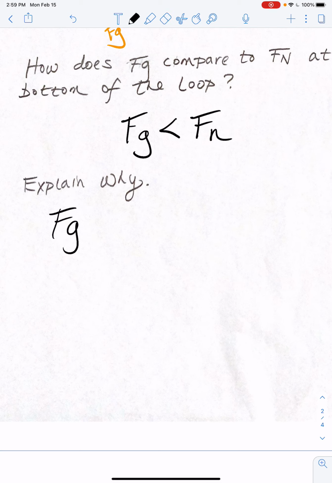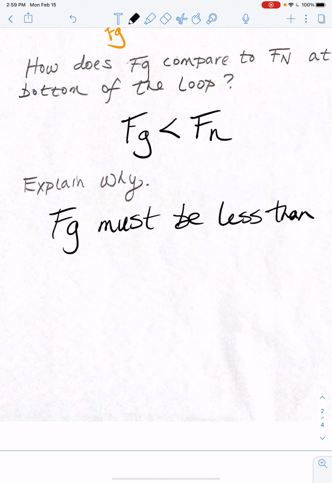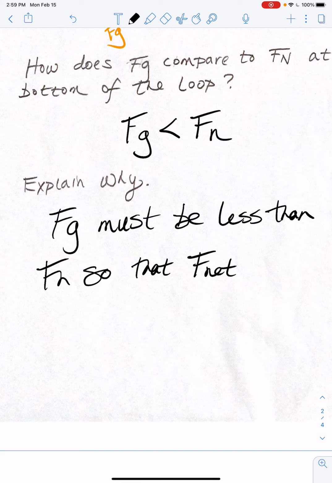Fg must be less than Fn so that F net is directed towards the center.